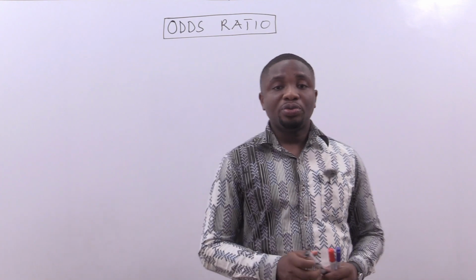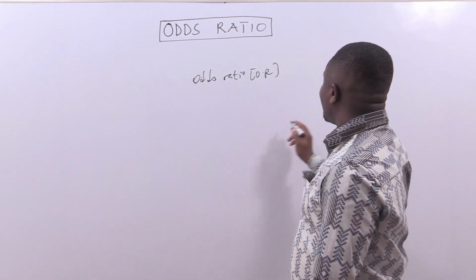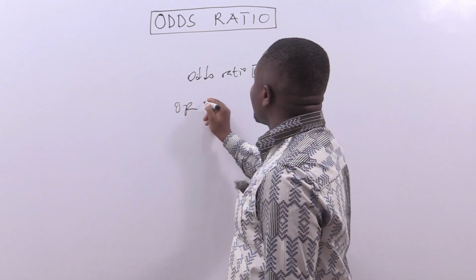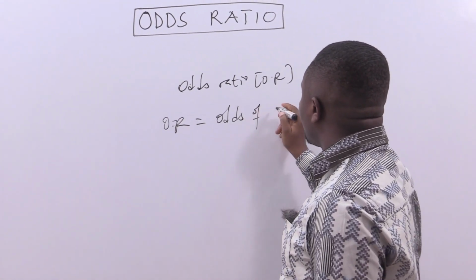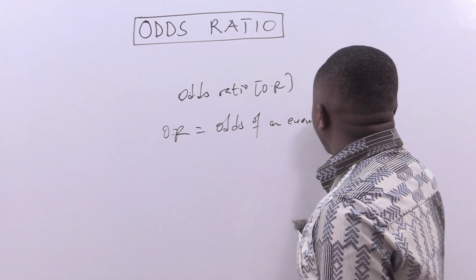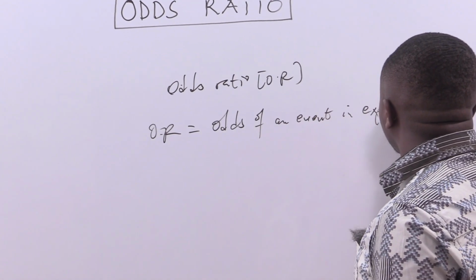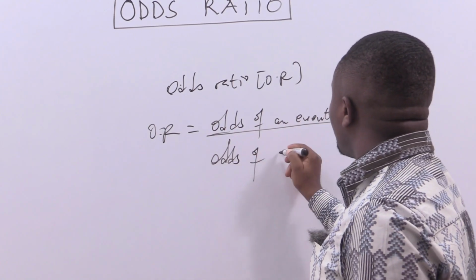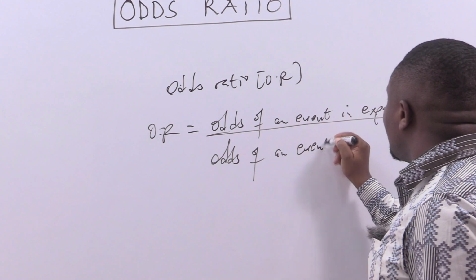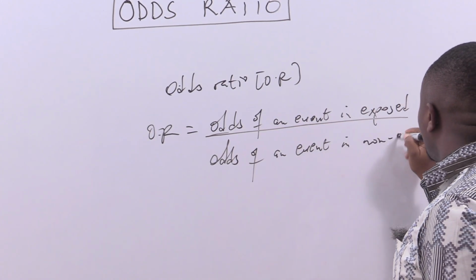So odds ratio mathematically can be expressed as the odds of an event in exposed over the odds of that same event in non-exposed.